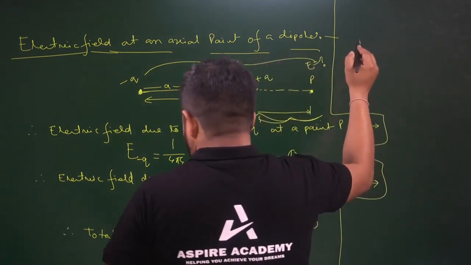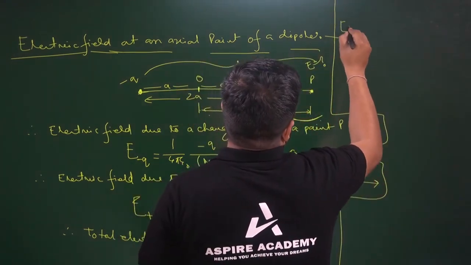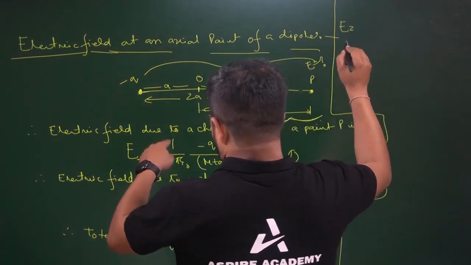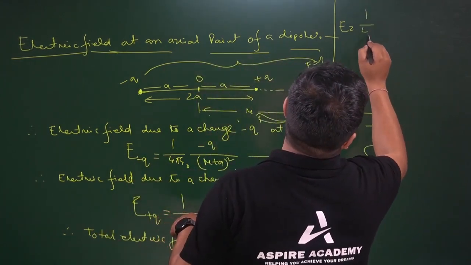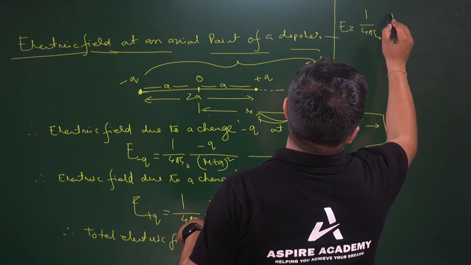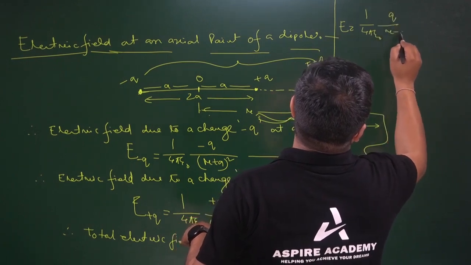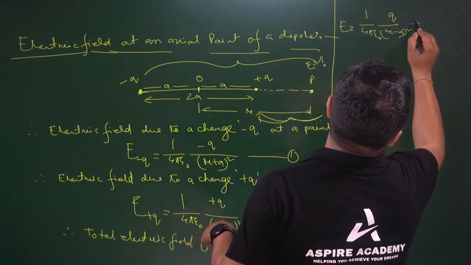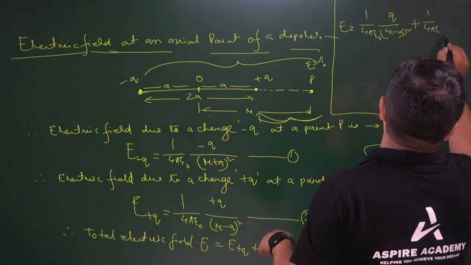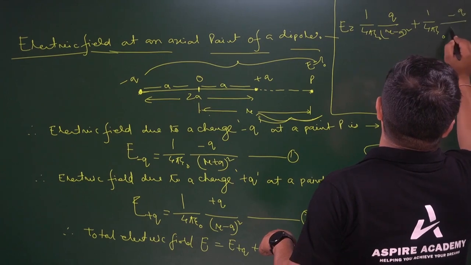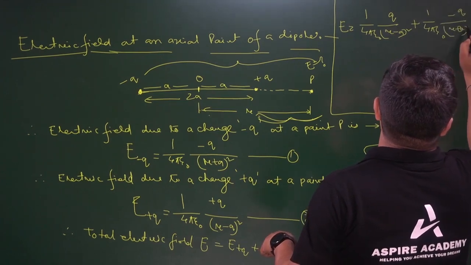Now, total electric field E is equal to how much here? We can write 1 by 4 pi epsilon naught, Q by (R minus A) whole square, plus 1 by 4 pi epsilon naught, minus Q by (R plus A) whole square.